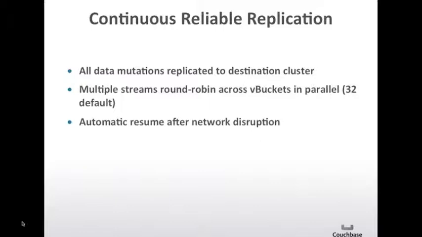Now let's go a little deeper into how this replication actually works. This is a continuous, reliable replication. What that means is once we set up this replication, by default we set up 32 replication streams between the buckets.